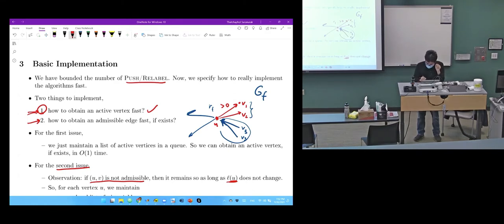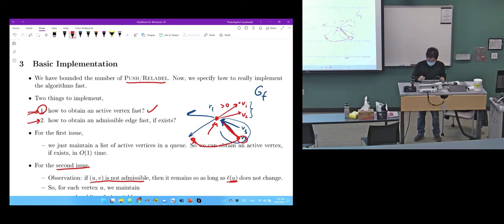If the label of U is fixed here and the label of V increases, then this edge will not be admissible from U's point of view anyway.